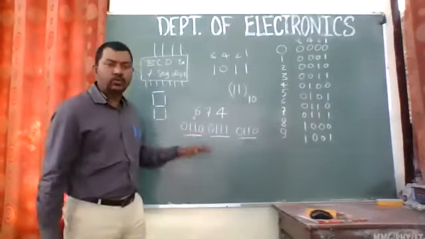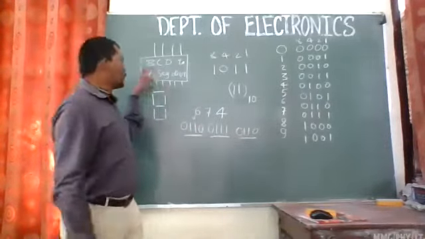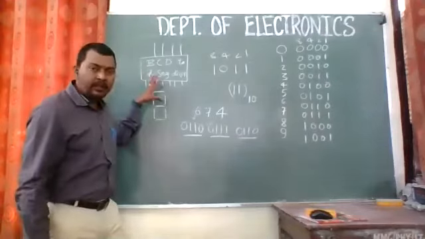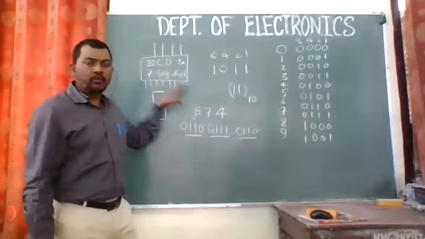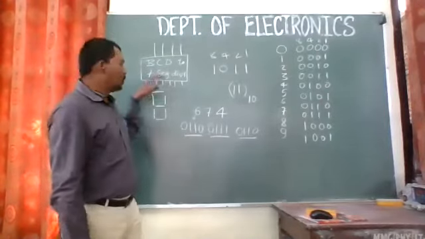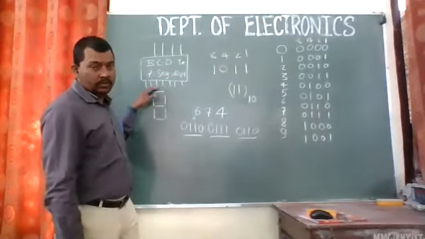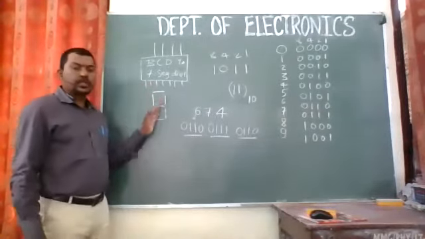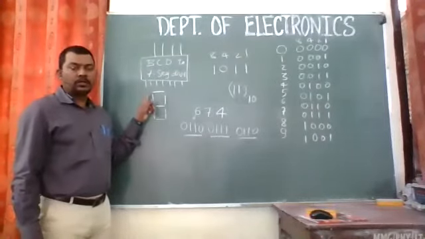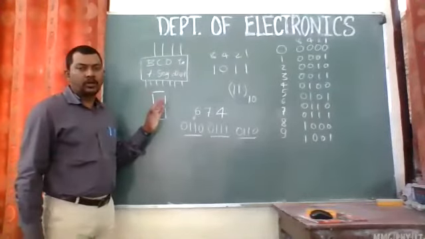Now these are given to three BCD to 7-segment decoder ICs, that is actually 7447 and 48, which convert this BCD equivalent to the 7-segment display, and it gives a particular output. The particular LEDs are being on.